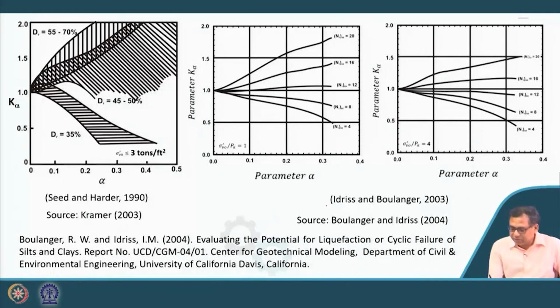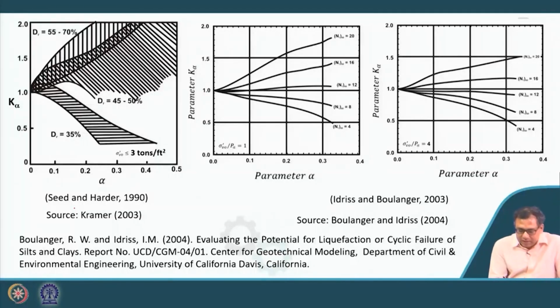These two charts are given by Idriss and Boulanger 2003, and the source is the same report. And this chart is given by Seed and Harder 1990, source is the Kramer book. So every slide has its source given, and you can go to those sources to get more information on these charts or on this lecture material.